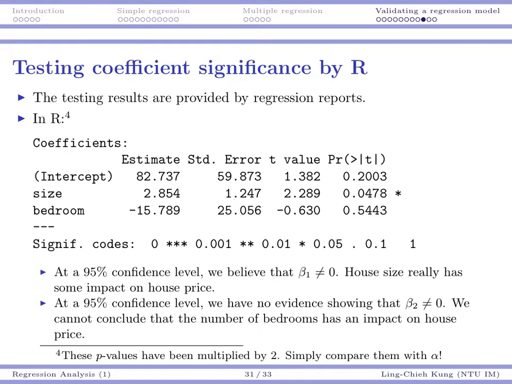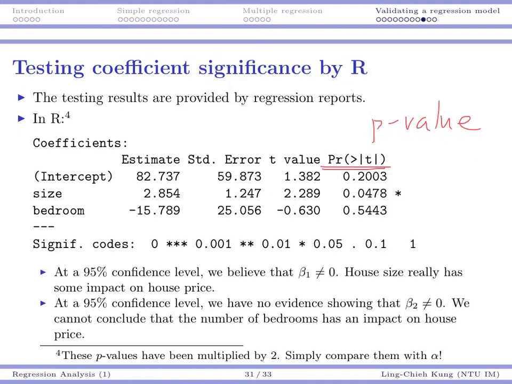This column is exactly your p-value. So you know that we are doing tests about whether beta 1 is 0, about whether beta 2 is 0. The p-values have been multiplied by 2, so we should compare them with alpha directly because this is a two-tailed test.